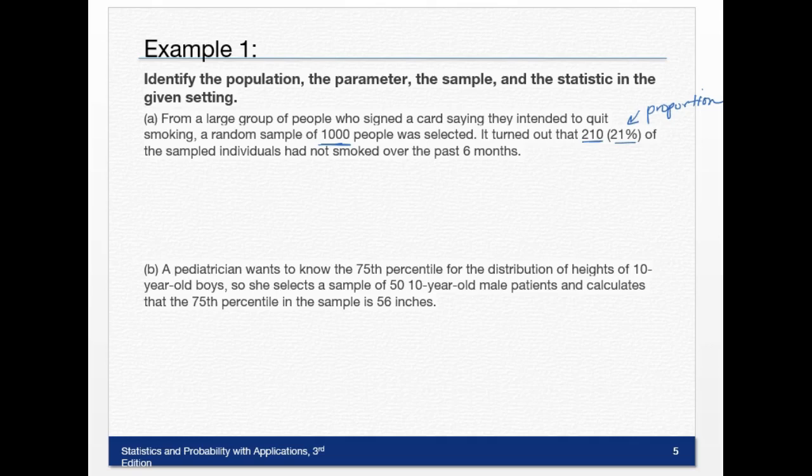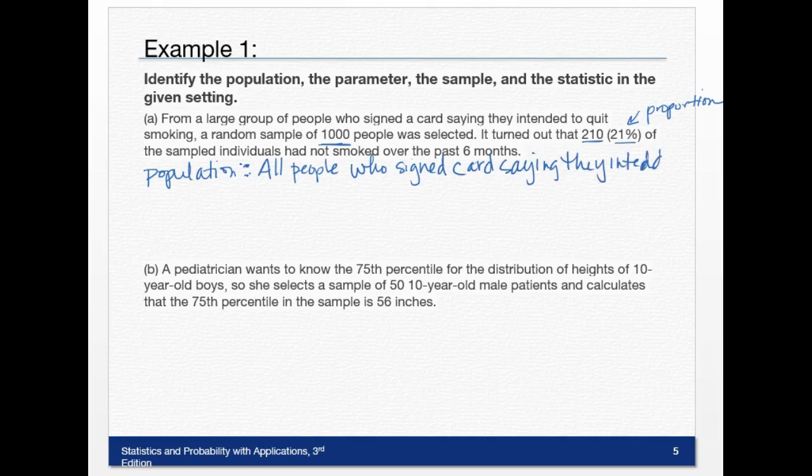So let's look at this. What is the population we looked at? A large group of people who signed a card saying they intended to quit smoking. They're trying to figure out about all the population, all the people who signed the card saying they intended to quit smoking.